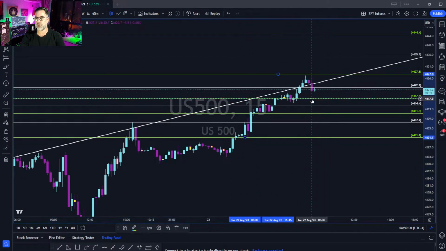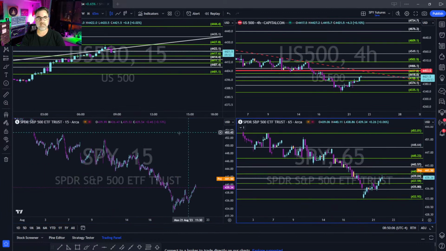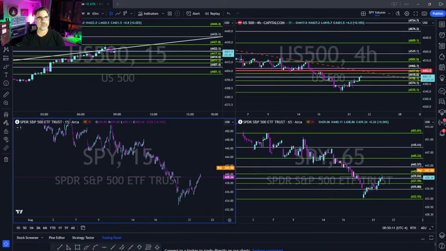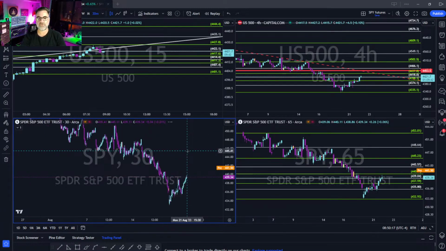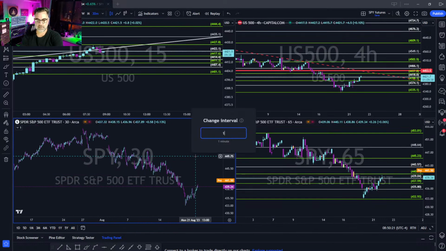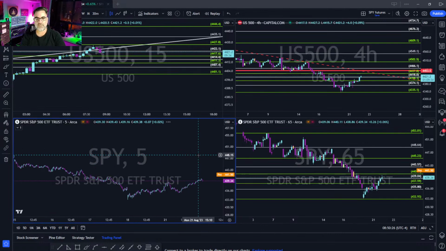Next support 44.17. I always look at the 15 and the 65 minutes. It all depends on the time frame that you are using. Okay? Some people like to day trade on the 30 minutes. Perfectly fine. Some people day trade on the 15. Some people day trade on the 5.